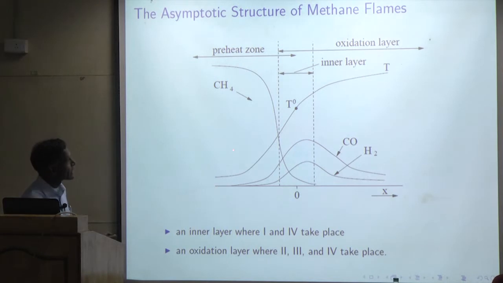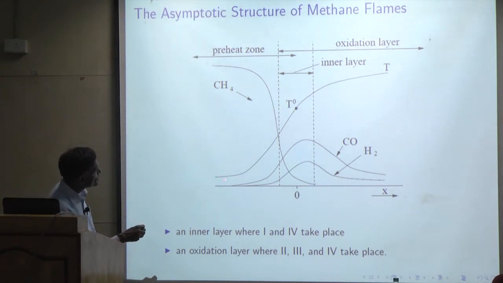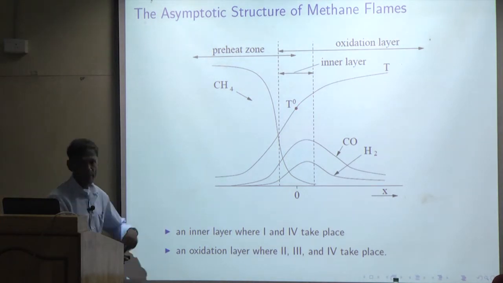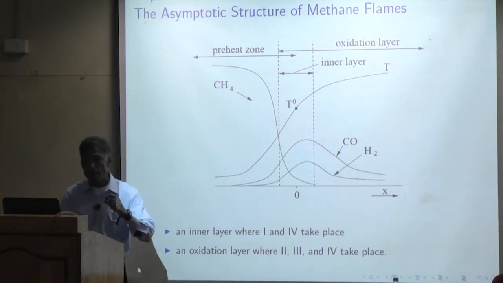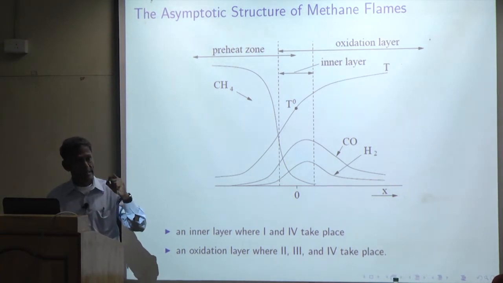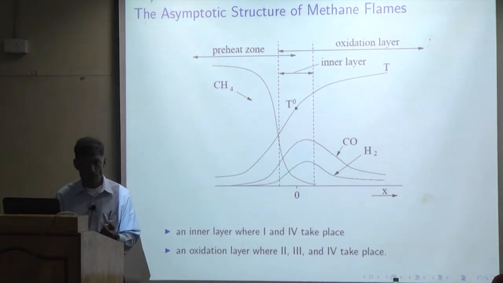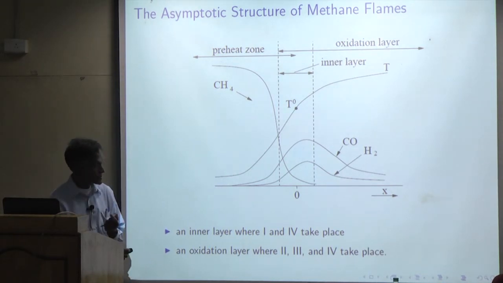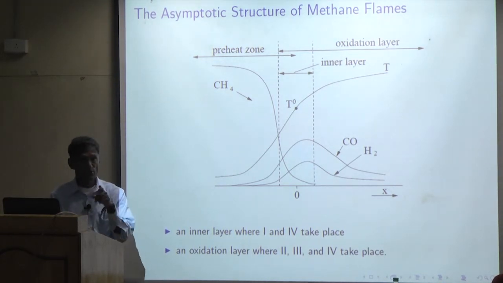The other thing you notice, if you look at any numerical calculation, is that there exists a point of inflection. The temperature profile goes up and then turns around this way, and that's a point of inflection. This inner layer temperature can always be identified in any numerical calculation because that's the location of the point of inflection of the temperature, where the second derivative of temperature with respect to x, d squared T over dx squared, is 0.